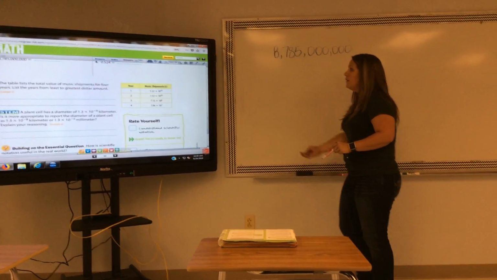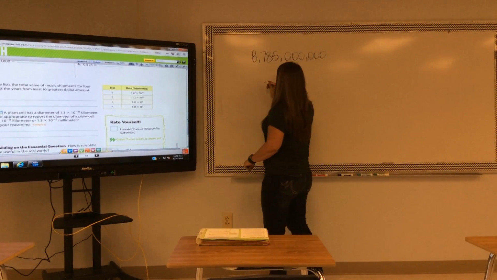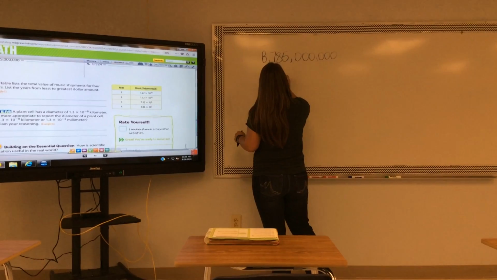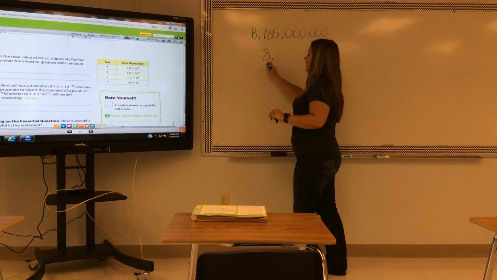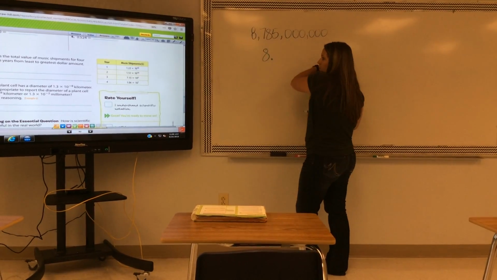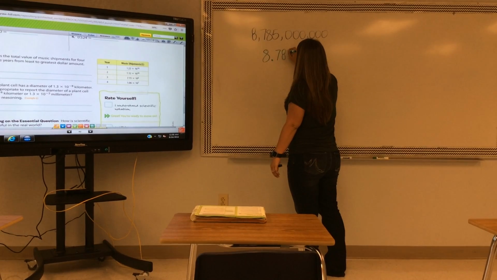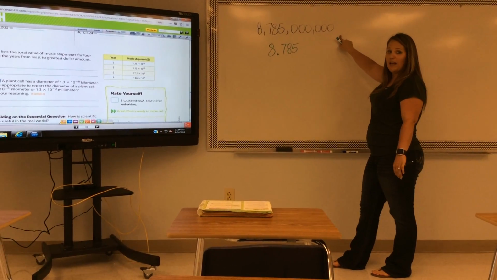All you have to do is come through and find your first number that's not a 0, and it's my 8. Then add my decimal place right there, so I only have one value in the tenths place. Everything else will be added to the decimal behind. I have 7, 8, 5. The rest are all zeros, so I don't have to add them in.